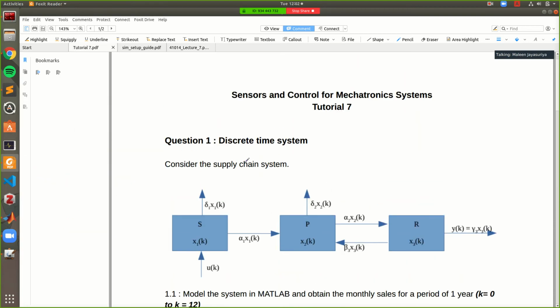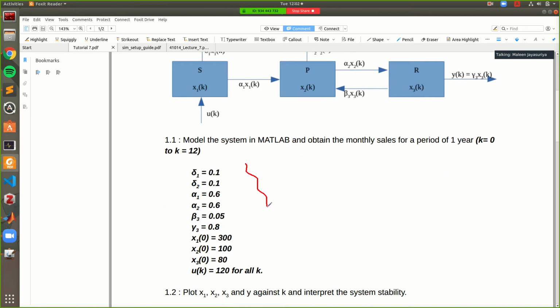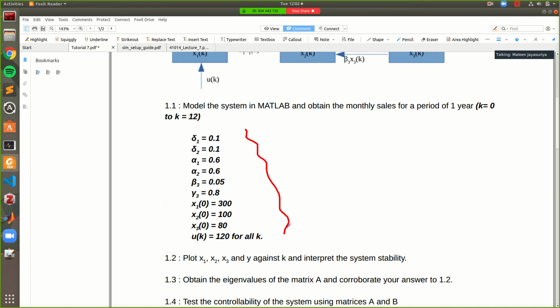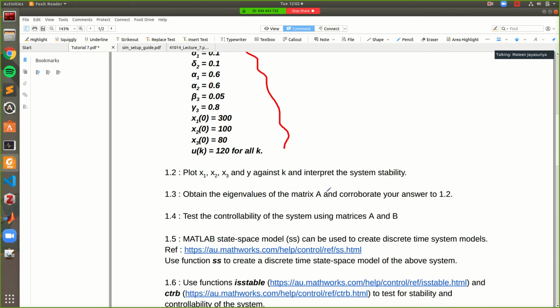All right, so tutorial 7 question 1 is the same supply chain essentially, right? So you can use these parameters, define your A, B, and C matrices, and try to look at the stability and controllability.